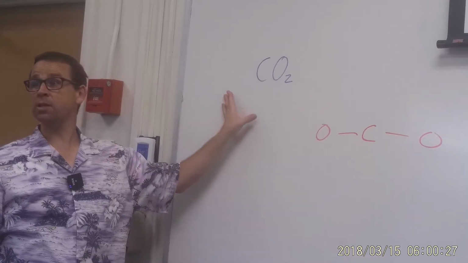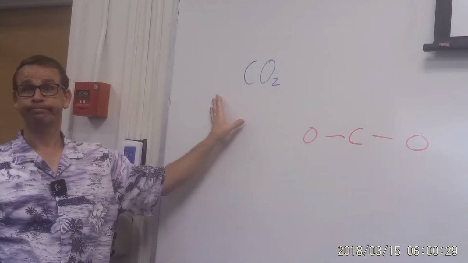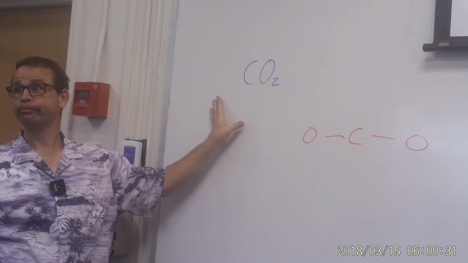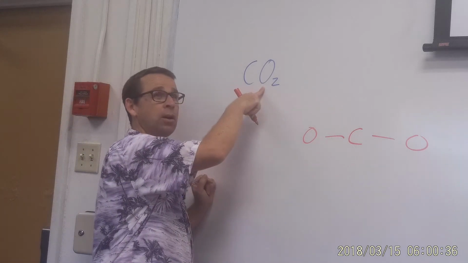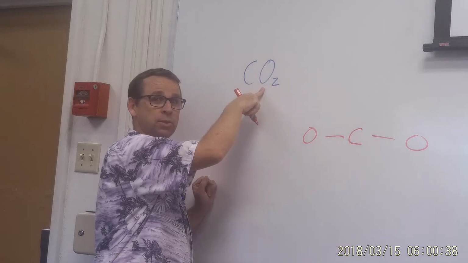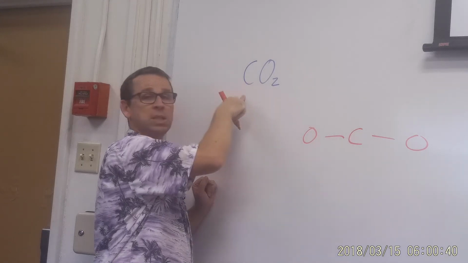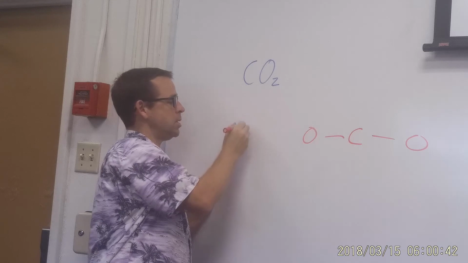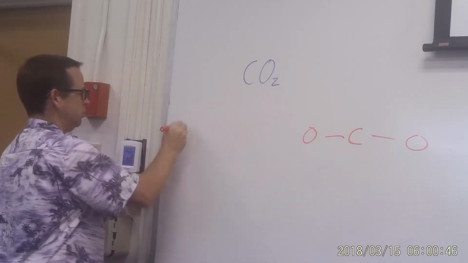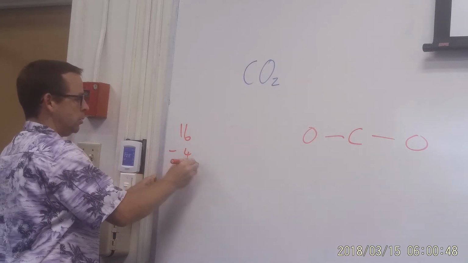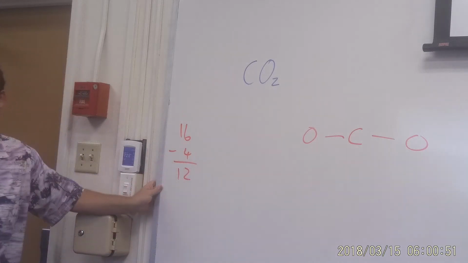Number of electrons in the party. 16? Let's see. Oxygen brought 6 each. That's 12. 13, 14, 15, 16. Is that true? 16. How many do we have up here so far? 4. So we have 12 more to distribute.